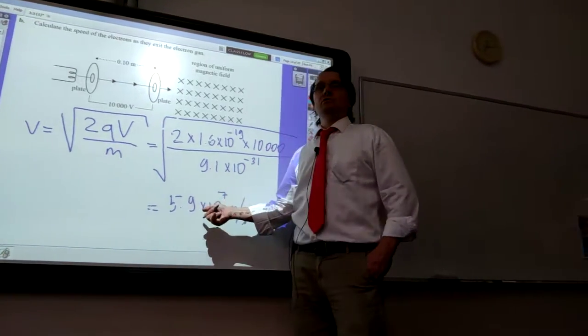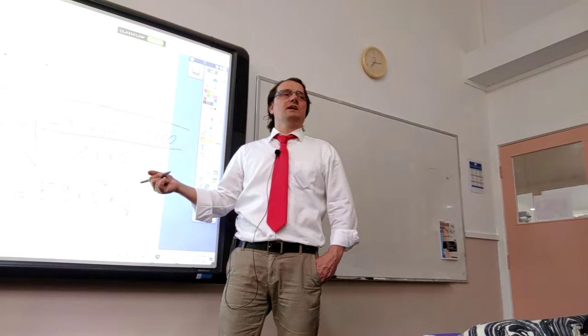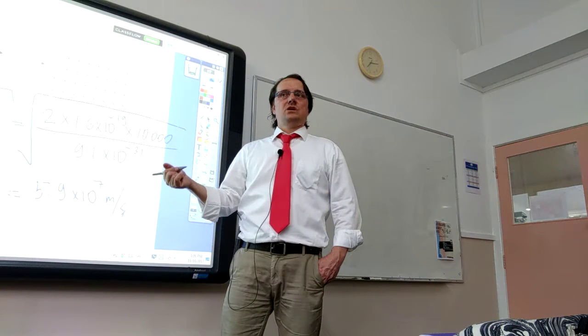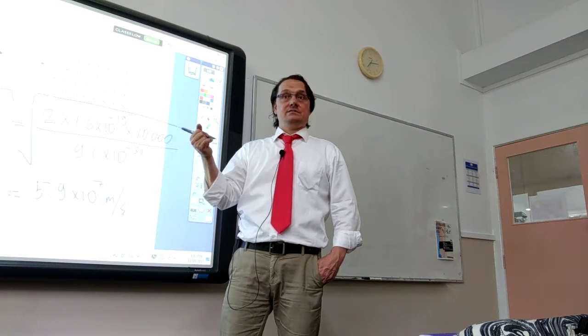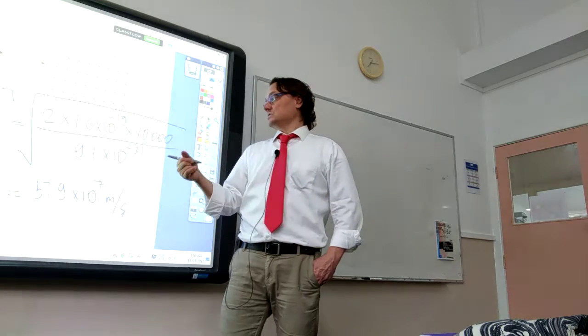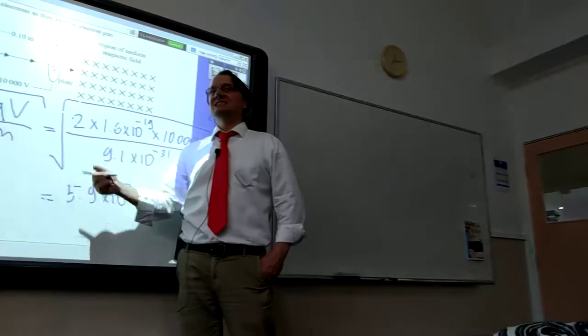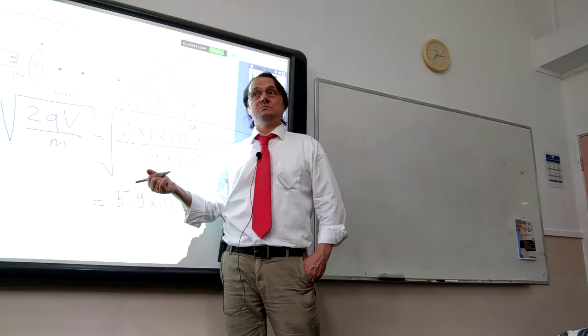Now this is very close to the speed of light, because if you remember, the speed of light is 3 times 10 to the power 8 meters per second. So this is 0.6 times 10 to the power 8 meters per second.